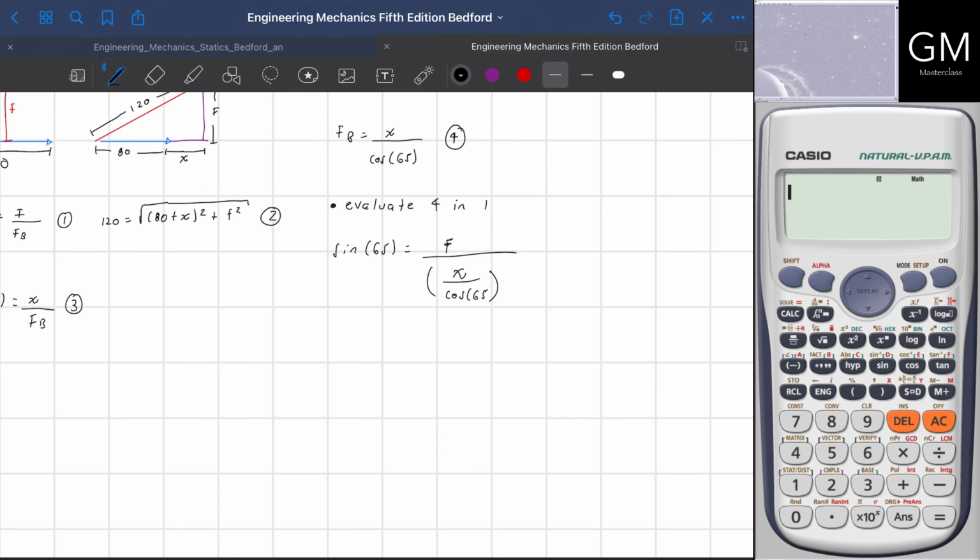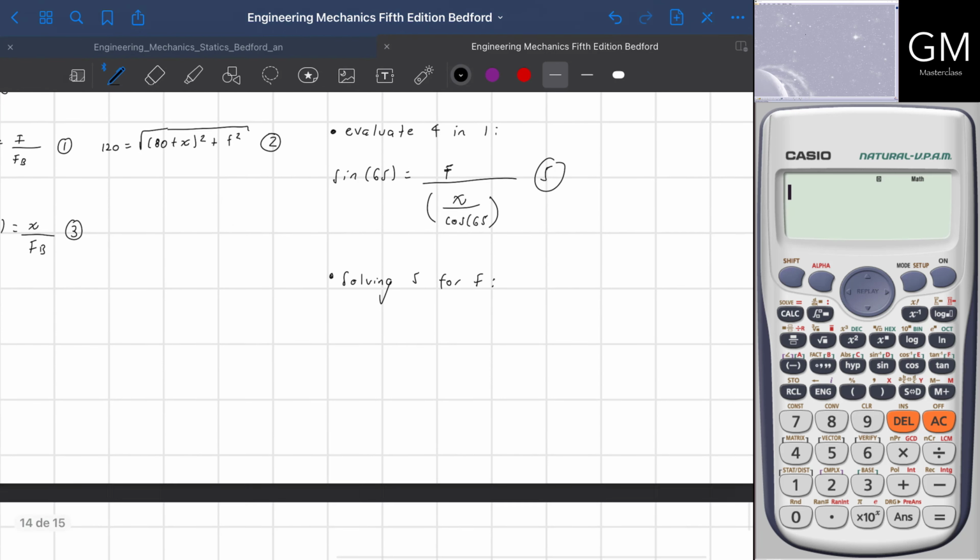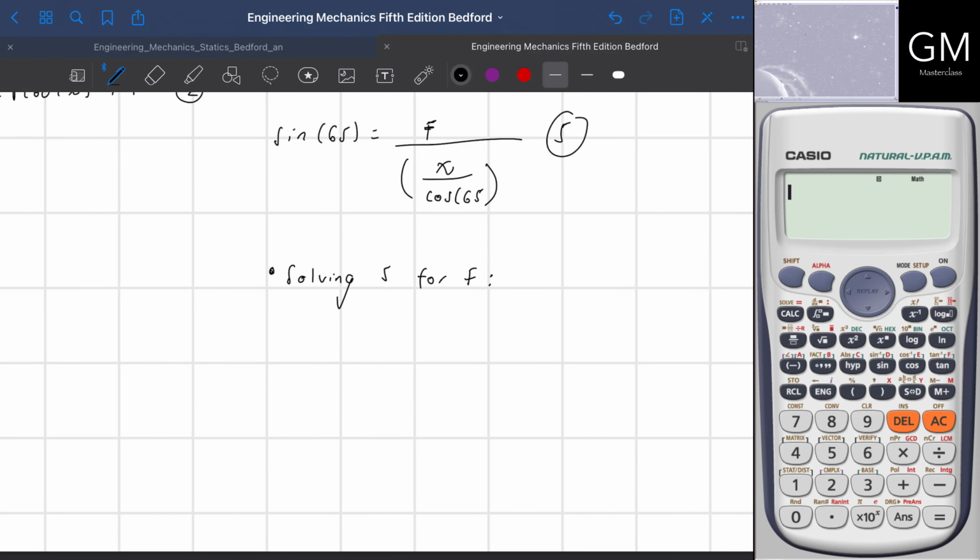So f, solving, this is my equation number 5. Solving 5 for f. So I'm going to get something like f is equal to x divided by cosine of 65 times the sine of 65.